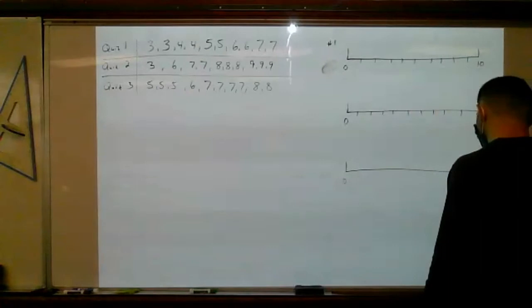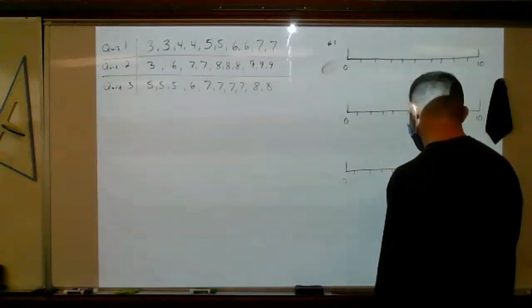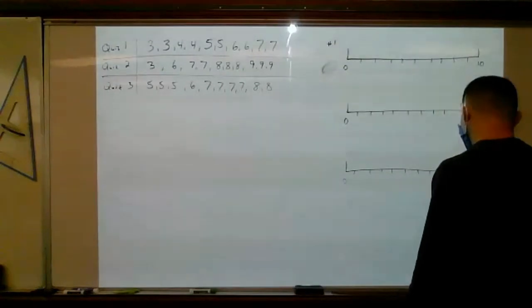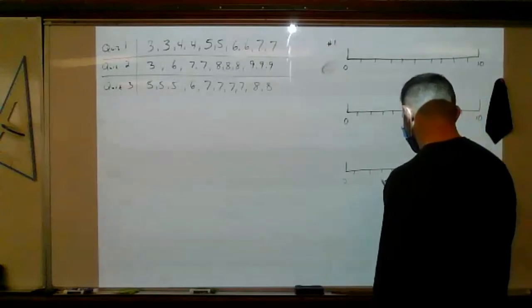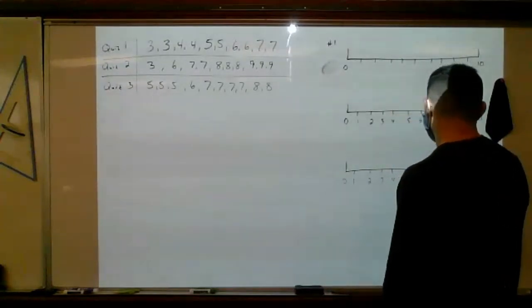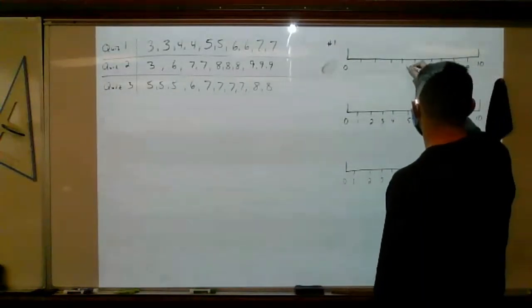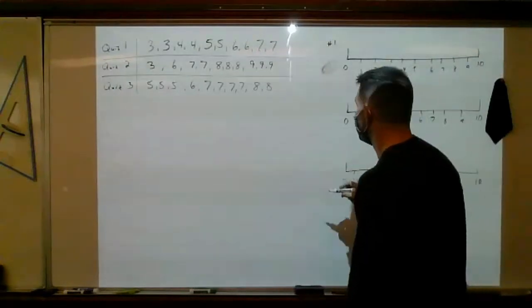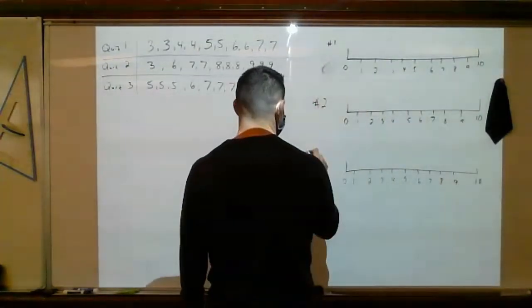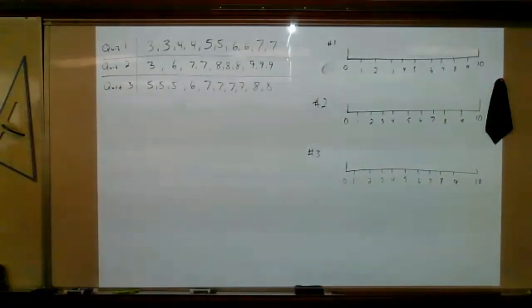0, 1, 2, 3, 4, 5, 6, 7. So you're making dot plots for these.